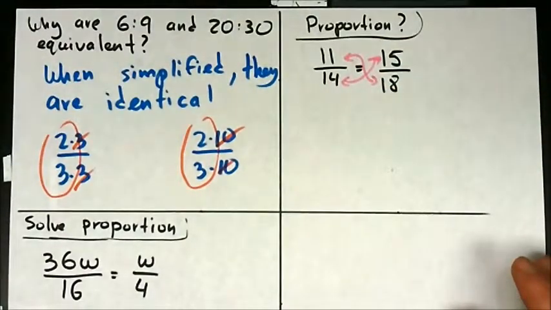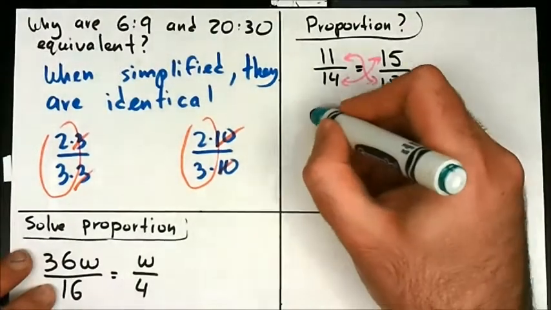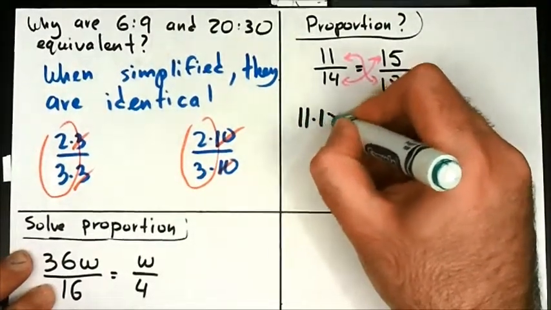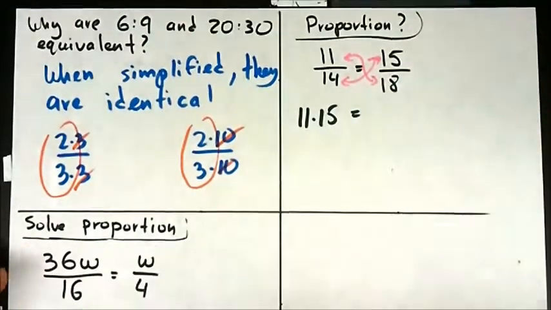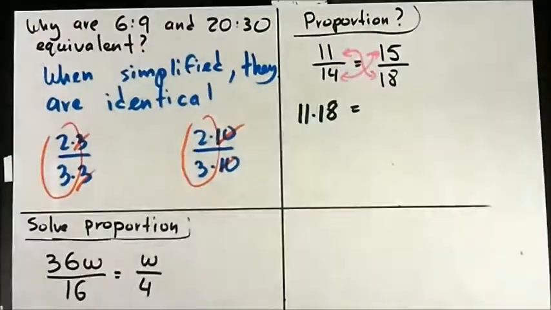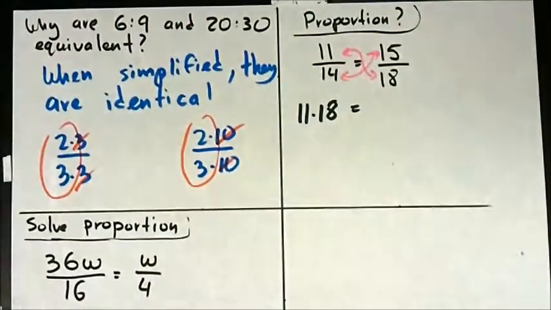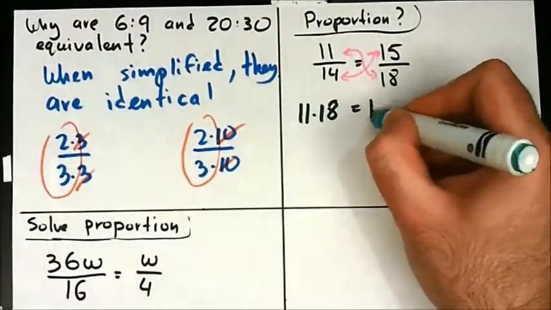Alright, so now we have them cross multiplied. Let's go ahead and write our cross products. So our cross products in this case are 11 and 18, and 15 and 14.